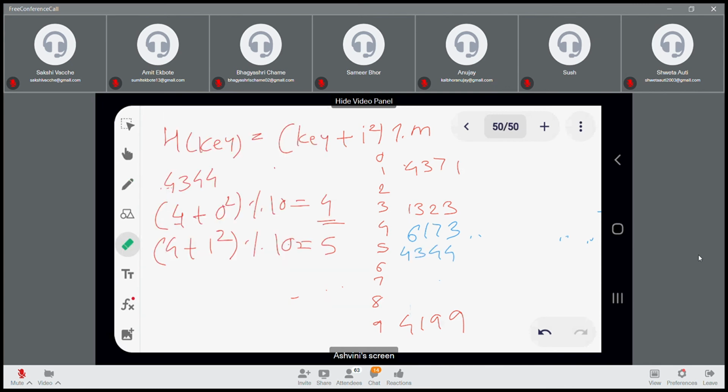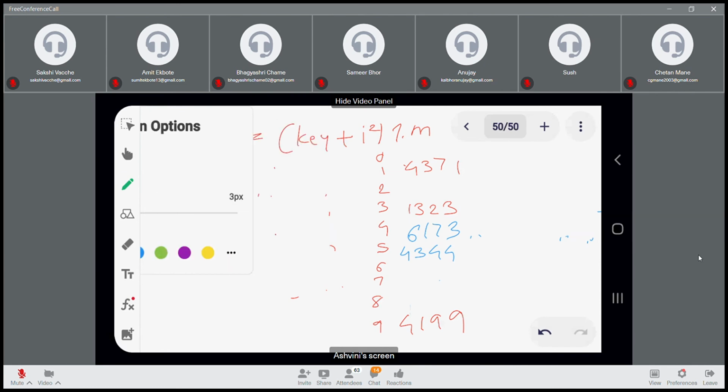Okay. So after this, what is the next number? 9679. 9679 mod 10 is 9. 9 is already occupied. So again use the function.